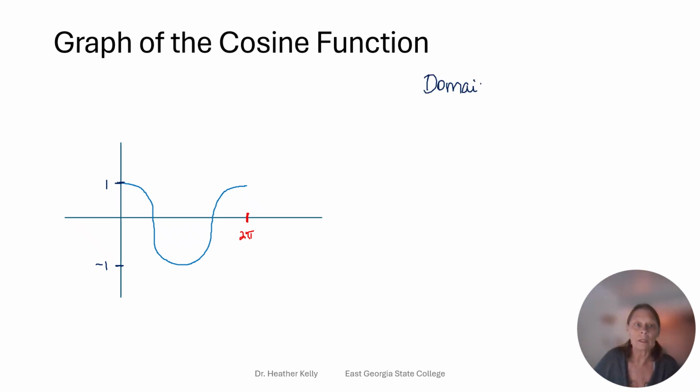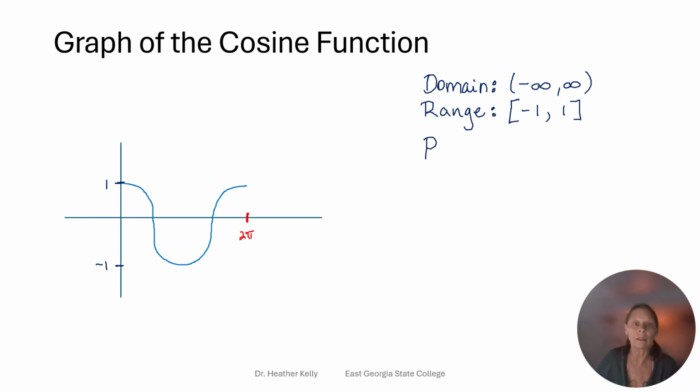The domain of the cosine function is just like the sine function, -infinity to infinity. Why? Because there's no denominator. The range is also the same, and you can kind of see that by looking here at the picture. All the values run between -1 and 1.